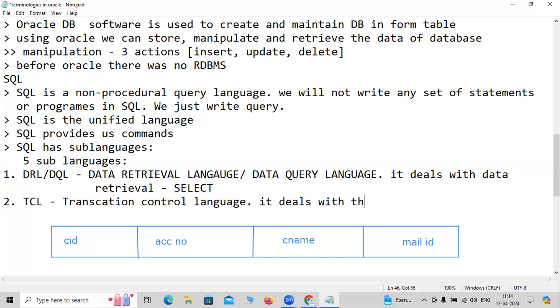It deals with the transaction. Like commit, rollback, savepoint, these are the TCL commands.